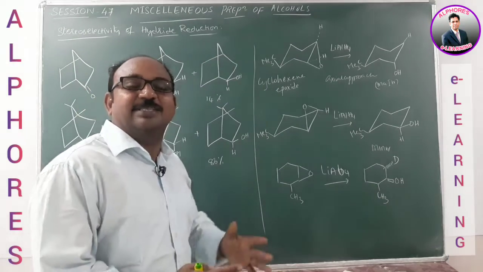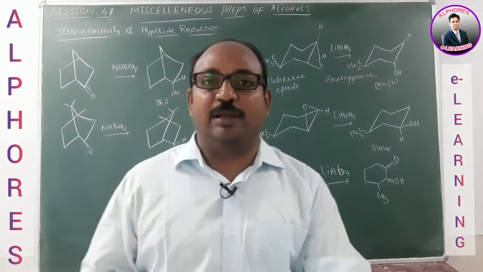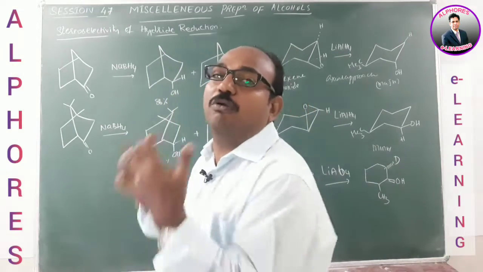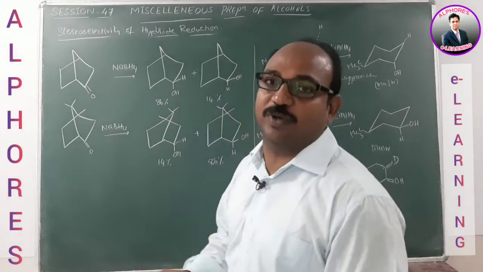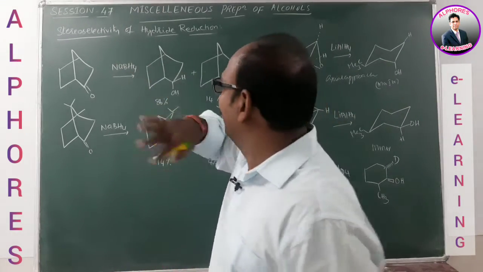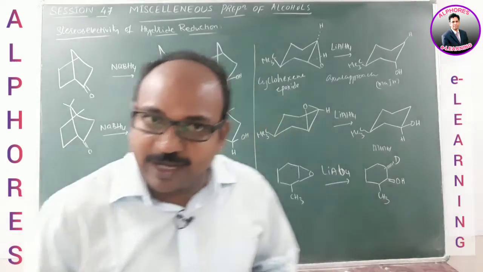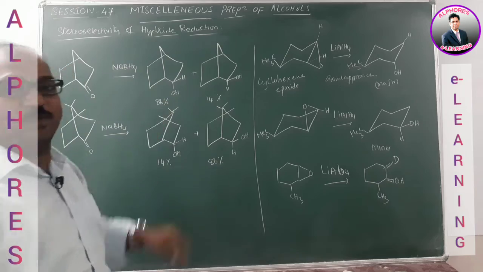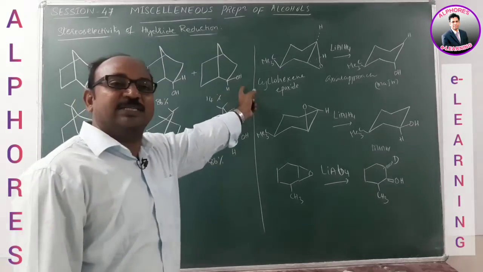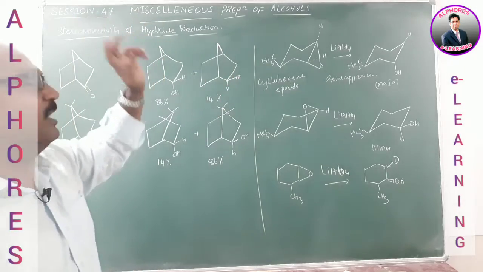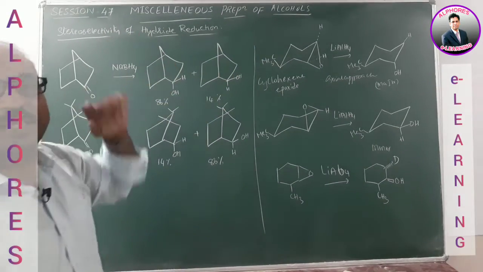When H minus approaches equatorial, because just now we learned that equatorial approach is more facilitated, being less hindered. That's why H minus approaches in equatorial direction. The resultant product with axial OH is 86%, and equatorial OH is 14%, which means the minor product is equatorial and the axial OH is the major product.